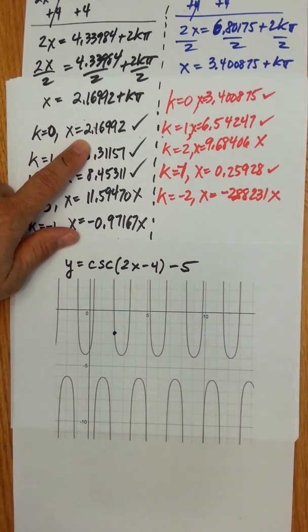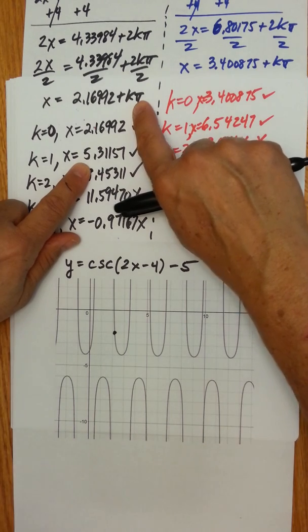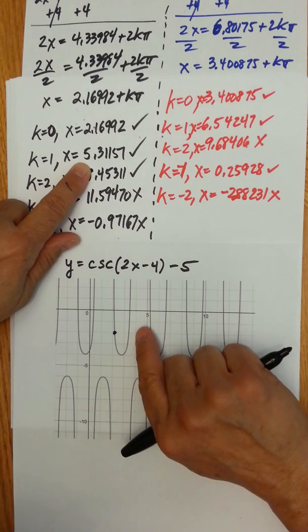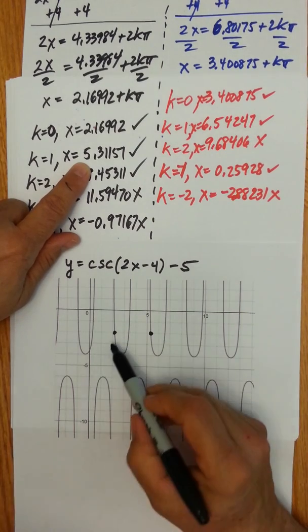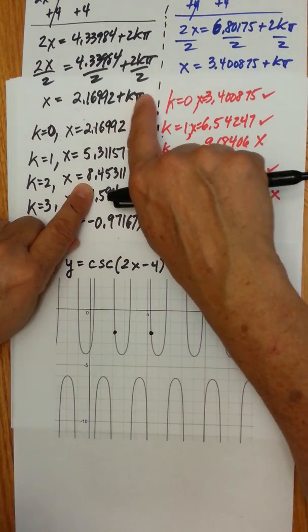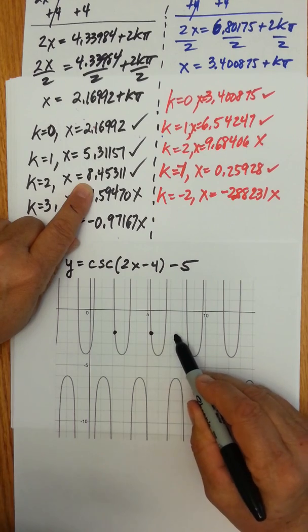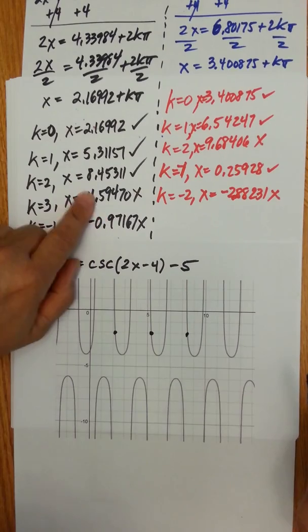Then the next one, because I add pi, you can think of as adding a little over 3. So you go over 1, 2, 3, and I'm picking up this solution. Then I add about another 3, because I'm adding another pi. So 1, 2, 3, and it's picking up this one. And then we don't have any more work on that side.